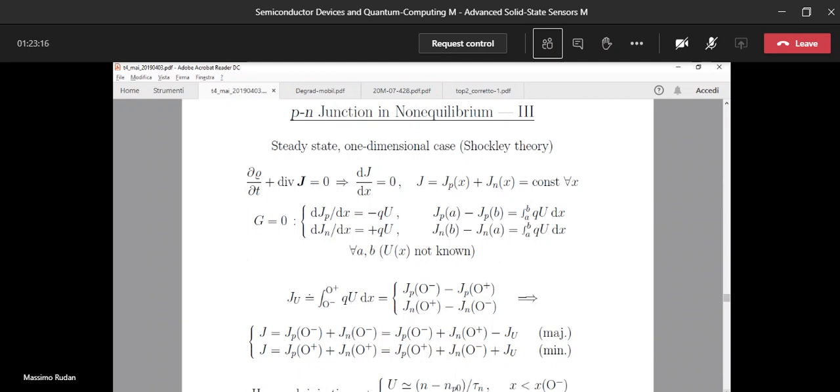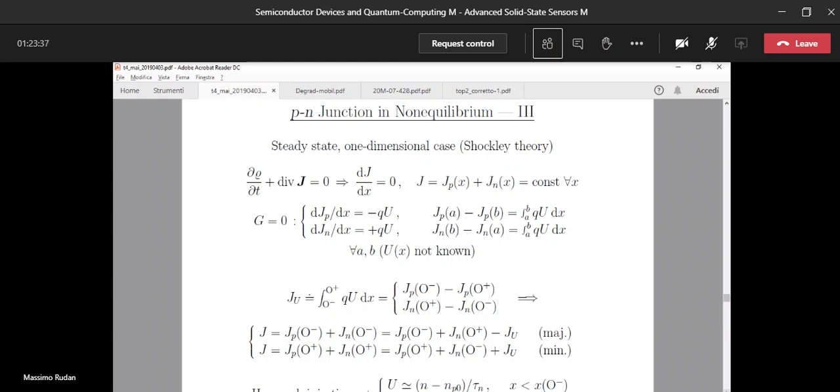We can take these expressions, okay? For the holes, you have a minus sign, so you have Jp at A minus Jp at B is equal to the same integral, okay? Now, how do we select the points A and B?